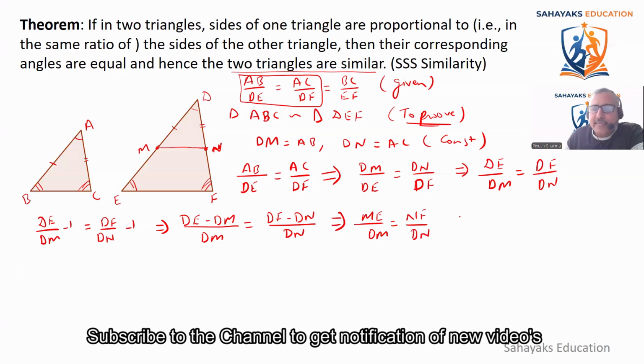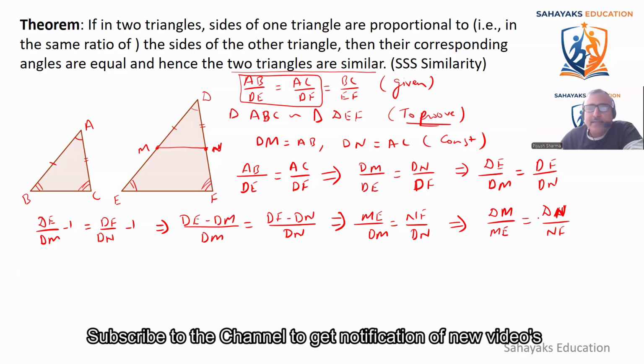Now I'm reversing it again. When I reverse it again, it becomes DM divided by ME is equal to DN divided by NF.